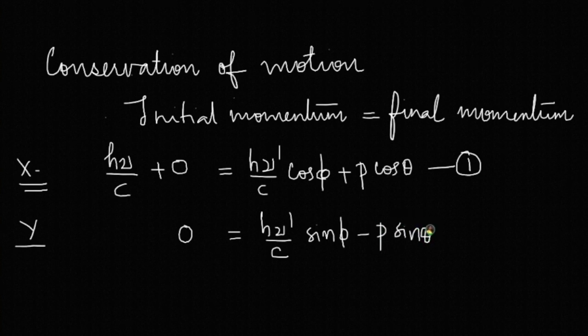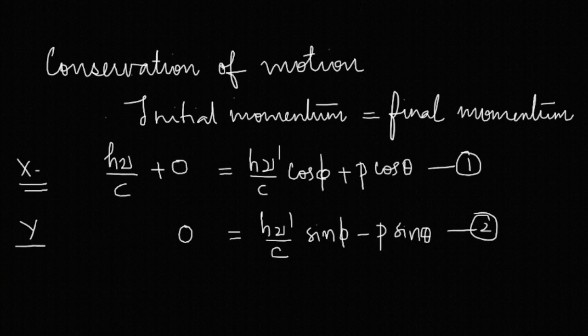The minus has come because the directions are opposite. Let this be equation number 2. So this is the conservation of momentum. Now we are going to rearrange equations 1 and 2 and get a meaningful result.